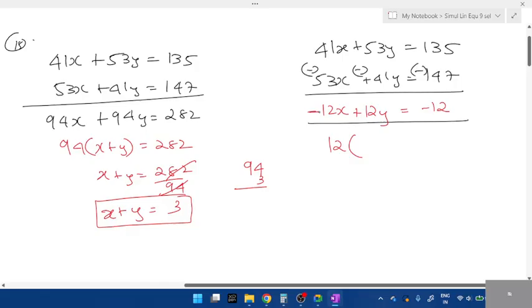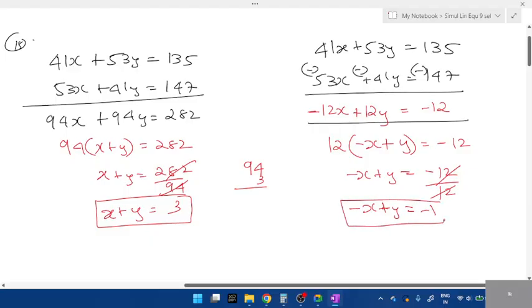What about this minus? There is already minus, right? Minus x is equal to that. Keep minus x plus y as it is. What happens to 12 if it goes to the other side? What is minus x plus y value? Minus 1, right? Now arrange these two.